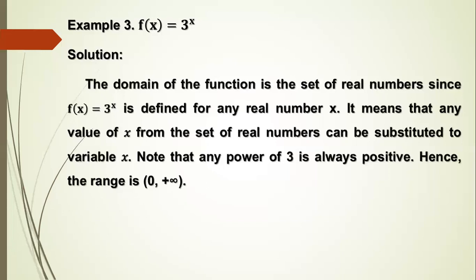It means that any value of x from the set of real numbers can be substituted to the variable x. Note that any power of 3 is always positive. Hence, the range is 0 up to positive infinity.